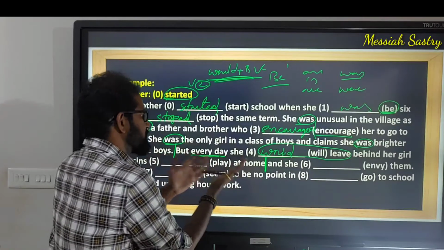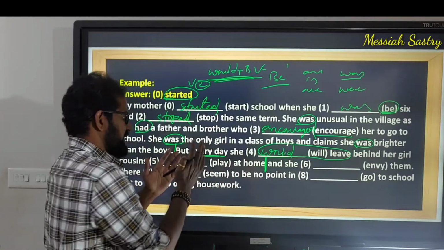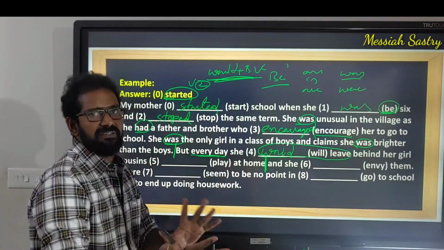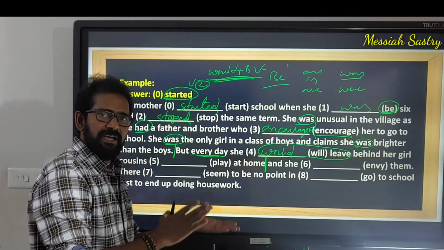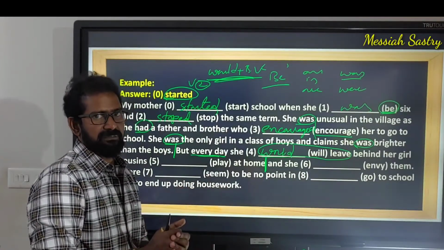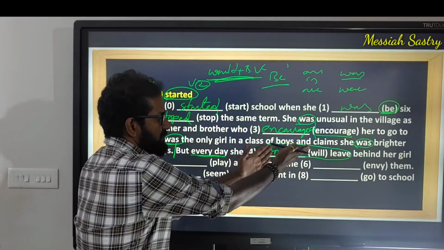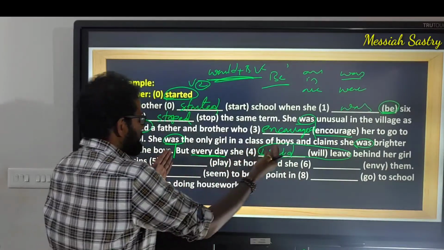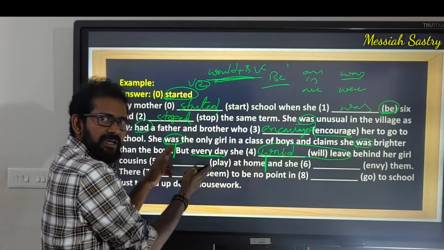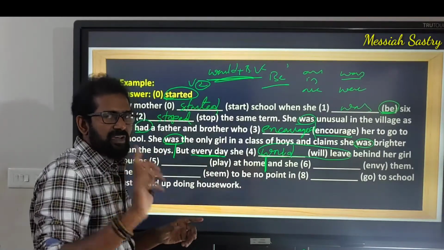Now we are supposed to use a secondary verb. Secondary verb cannot be V1 or V2. It is supposed to be either a present participle or a past participle. We can't use V2 here because in one main clause there is supposed to be one main verb.